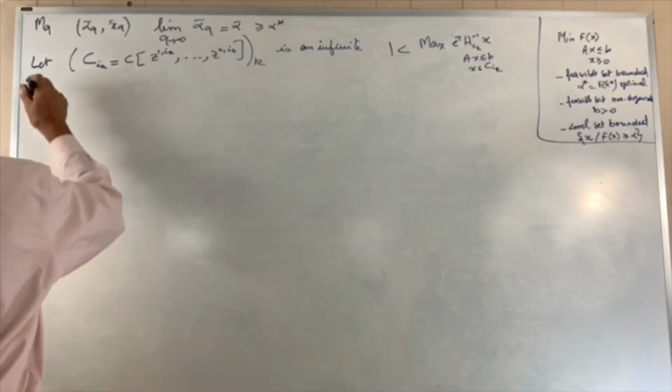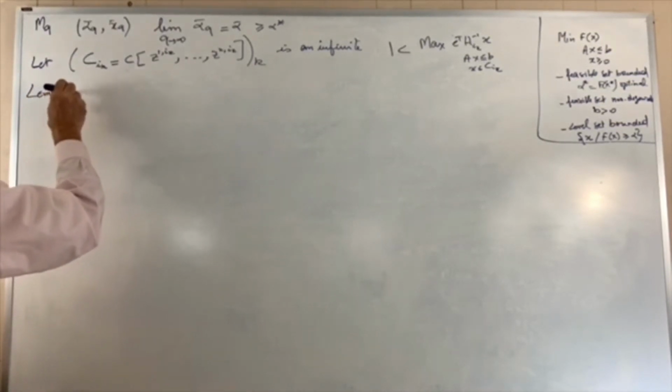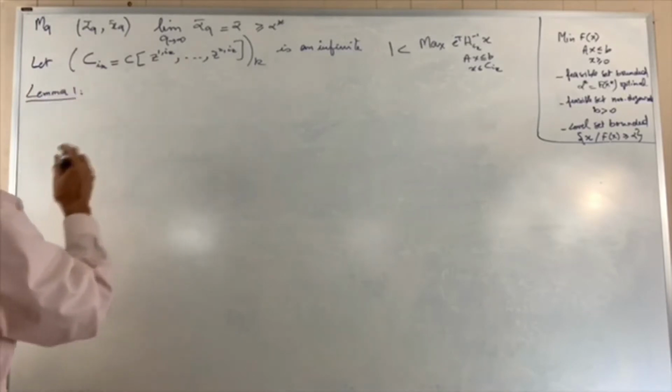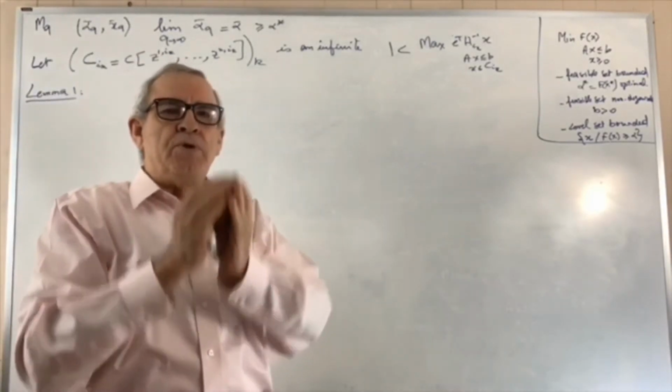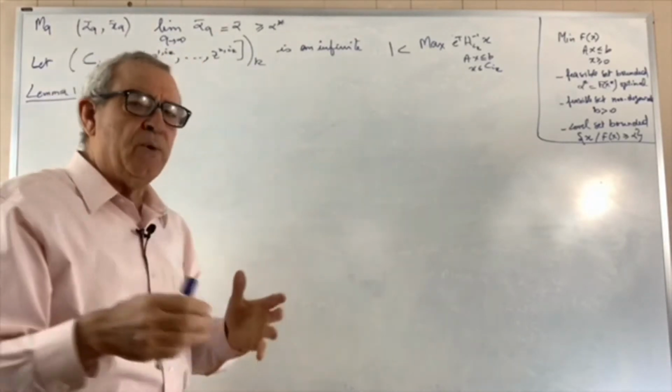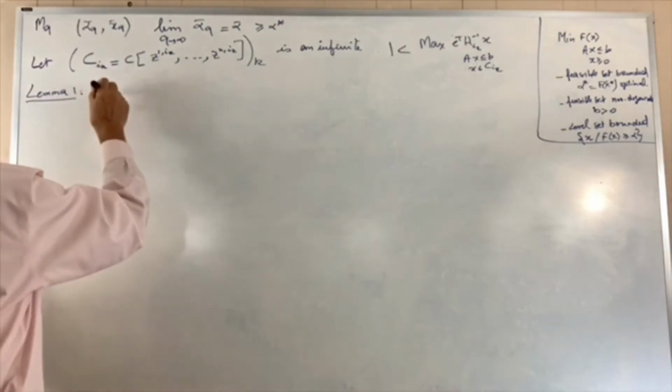Then Lemma 1 is that this cone is going to converge to a single ray, just like when we addressed exhaustiveness.